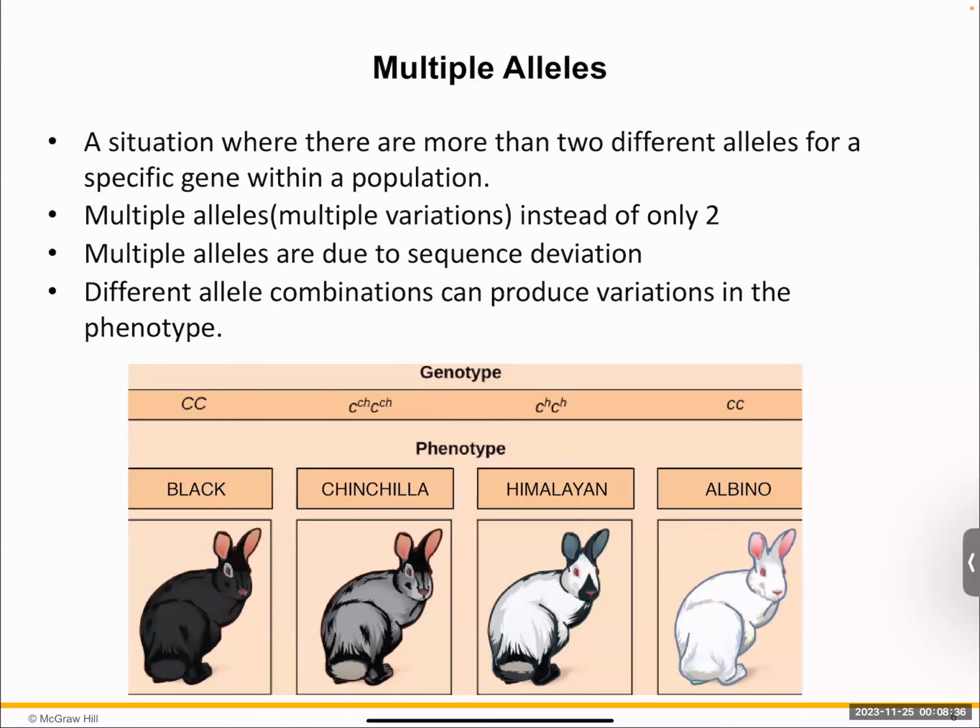So we have the dominant and the recessive version, the homozygous, and then 2 additional alleles: lowercase c with the CH variation, and another variation with H on the top. So we have a total of 4 alleles versus a typical 2 alleles, and as a result we can see 4 distinct colorings related to these alleles for these rabbits.